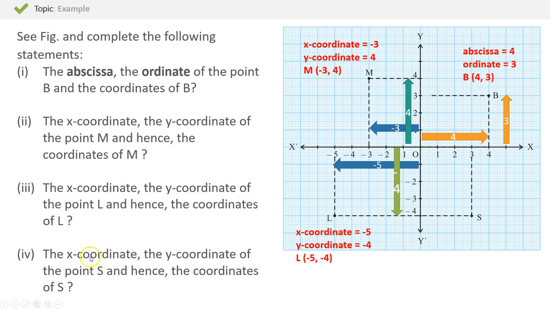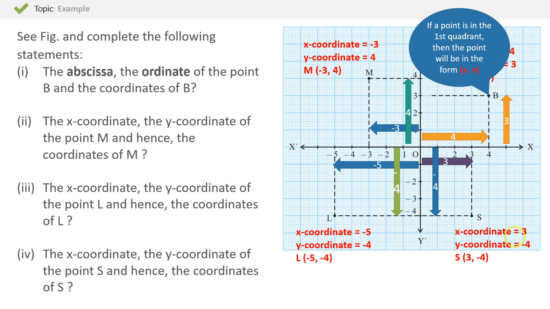Similarly, to find coordinate of S, you have to go 3 points on the positive side of x-axis and 4 points on the negative side of y-axis, and hence coordinate of S will be (3, -4).